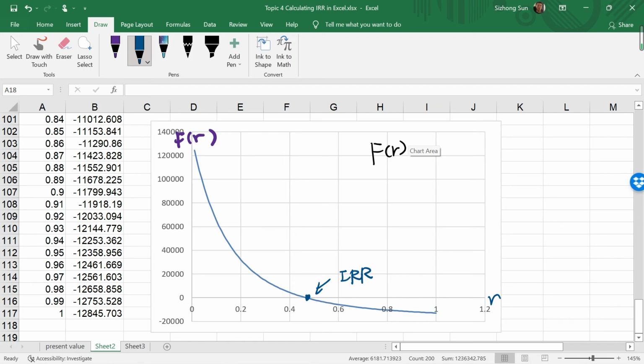Basically, what the computer can do is, in the first case, pick some arbitrary point here and evaluate f(r). We find that it is positive. Then another case will be, say, close to 1. Then evaluate this f(r). We find that it is negative.